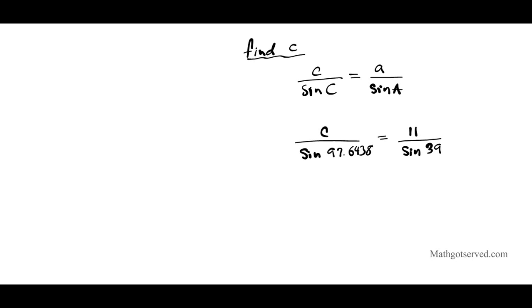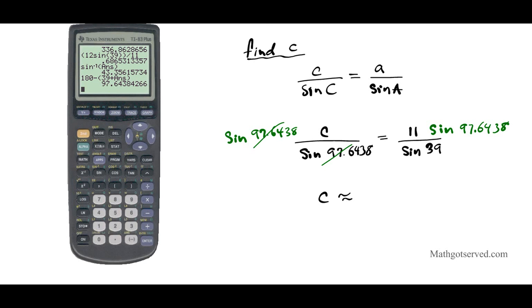All right, so to get little c by itself, we need to eliminate this denominator, so multiply both sides by sine 97.6438. And then this is 11 sine 97.6438. This divides out. So your final answer, little c, is going to be an approximate value. So let's go ahead and compute what that is.